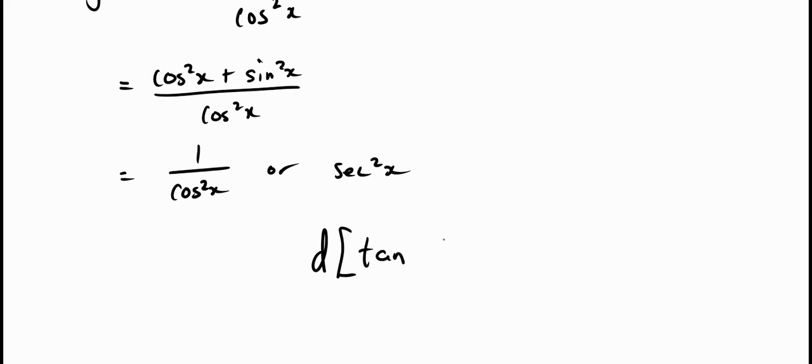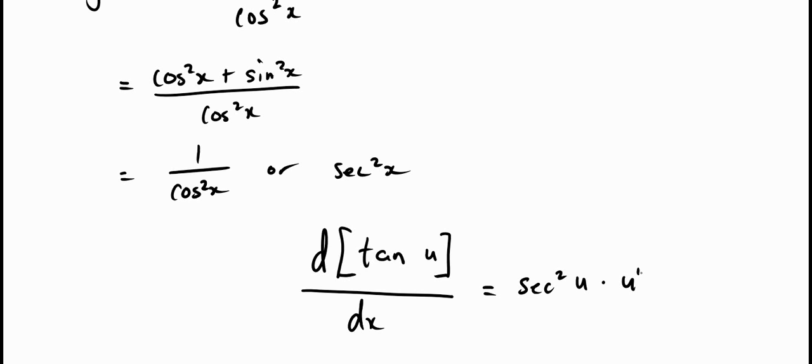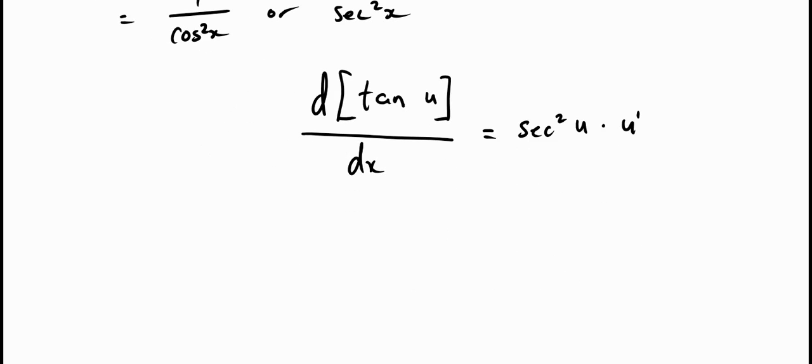The derivative of tan of something is secant squared u times the derivative of u. And we could show this the same way, but we're just going to give you this one.